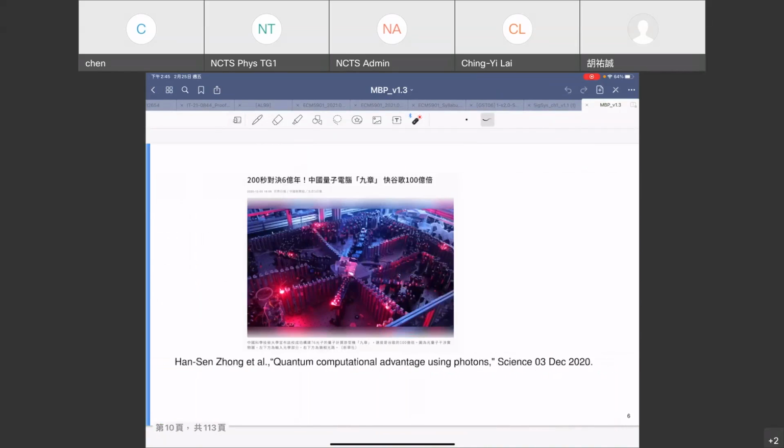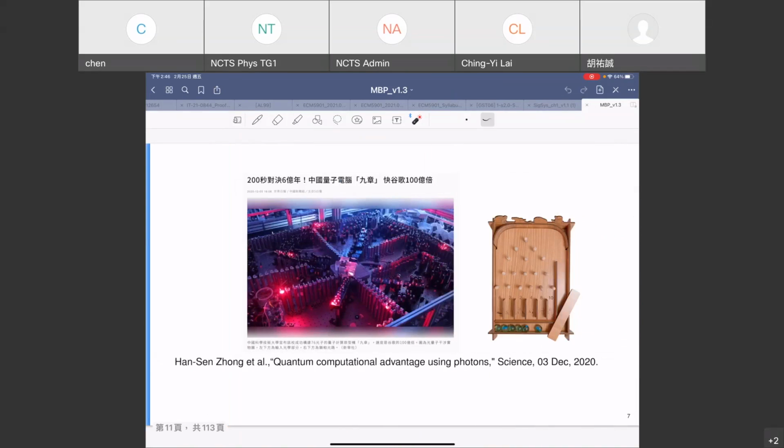So later you see this one, a quantum computer from China called Jiuzhang. This is a photonic quantum experiment. They build these photonic circuits and then perform some tasks very similar to the sampling experiments.